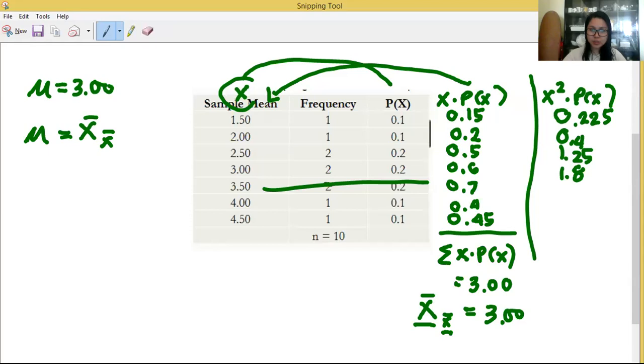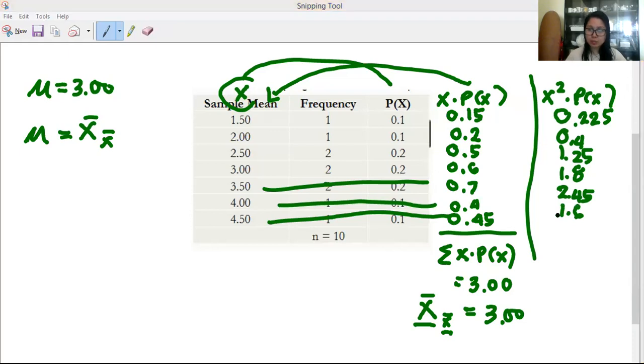The answer is 2.45. 4 times 0.4, that's 1.6. 4.5 times 0.45, the answer is 2.025. Then we'll add this column.